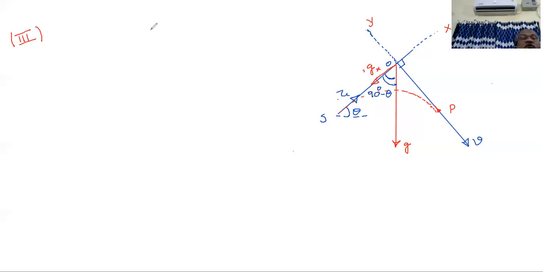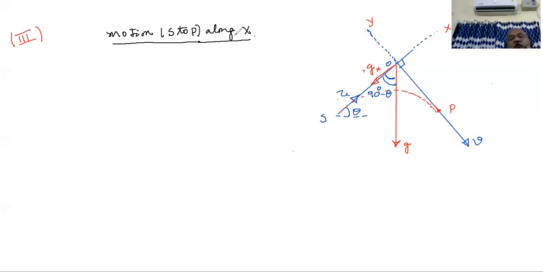So here, what I consider is motion from S to P along the x-axis.